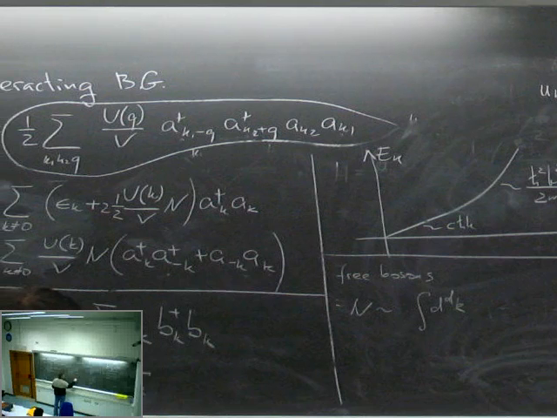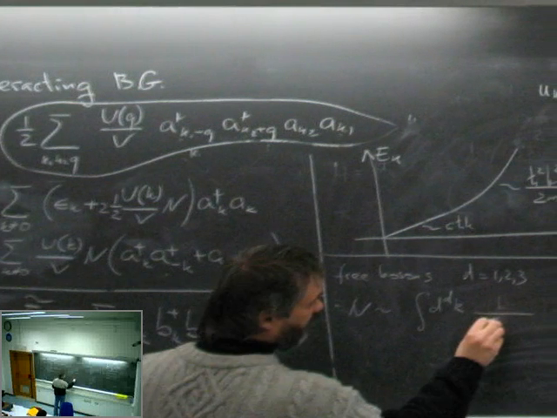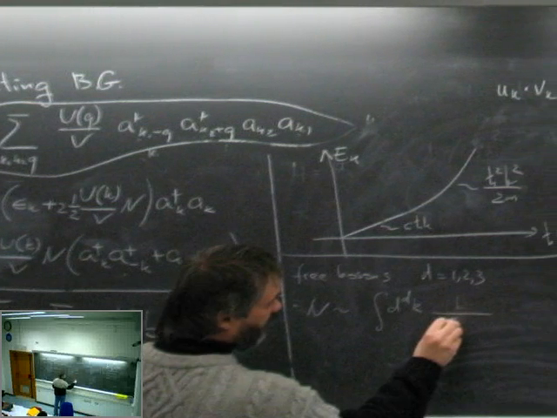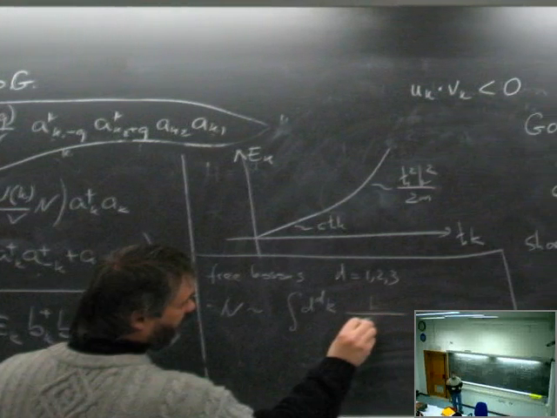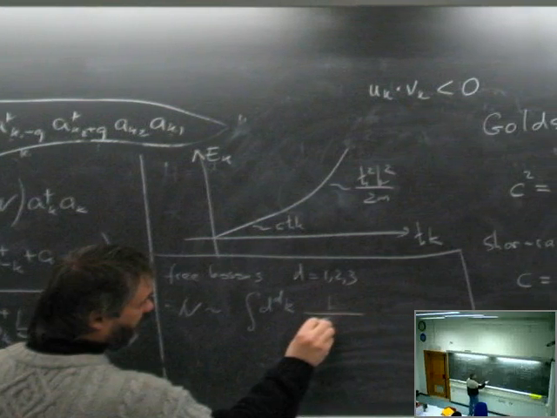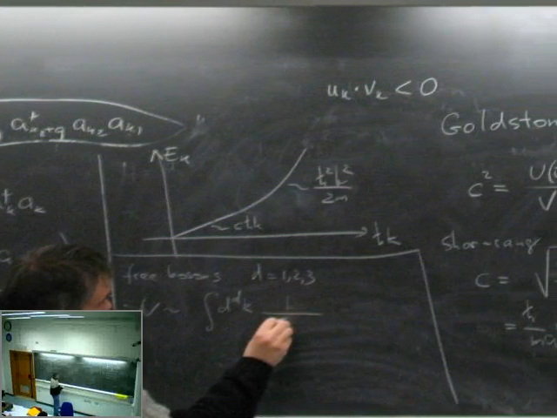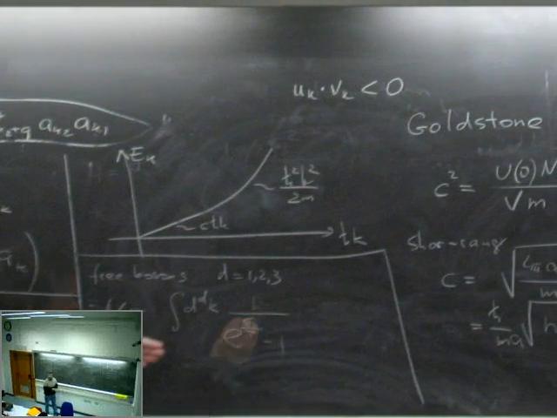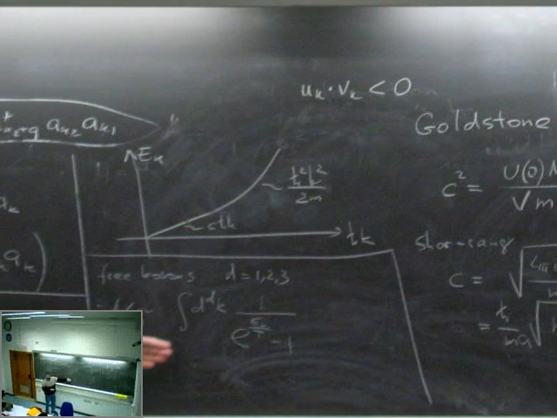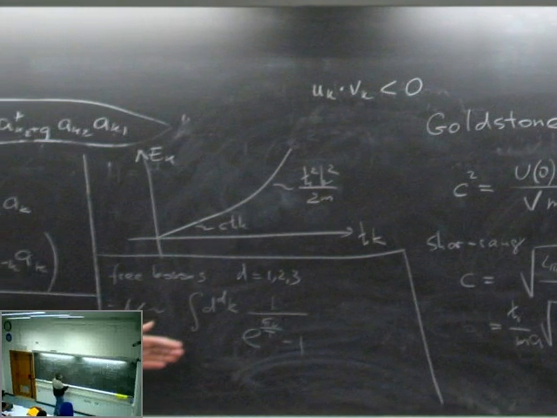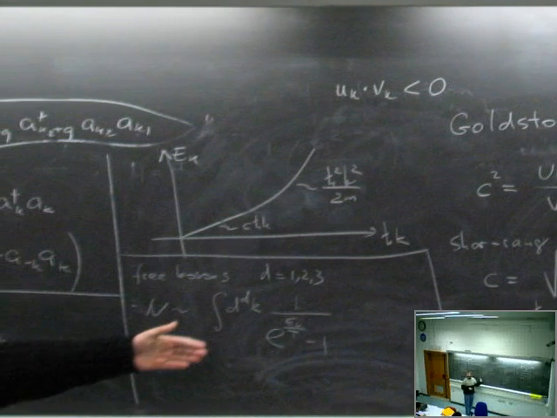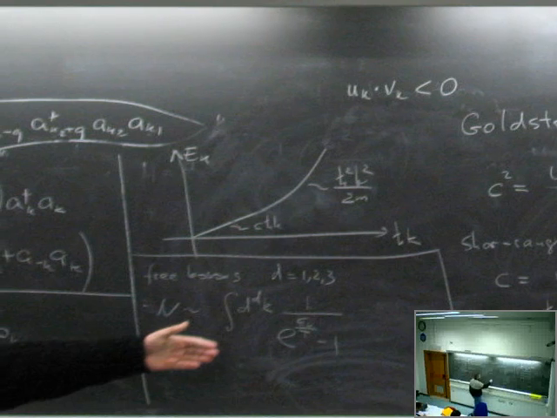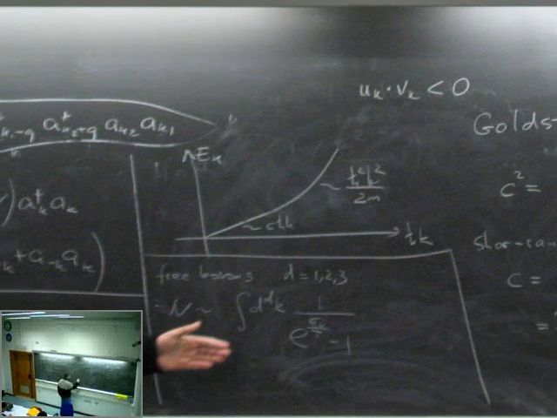And here it's the Bose distribution function, 1 over e to the epsilon_k over temperature minus 1. So I already put the chemical potential equal to 0. Epsilon_k is quadratic. Therefore, for the infrared part of this integral, I'm interested in very small momentum. I will expand the exponent, cancel 1, and write it as temperature.